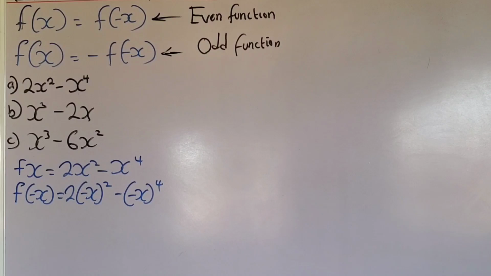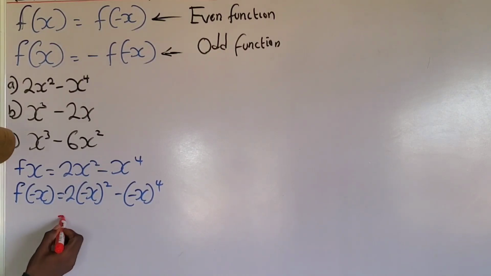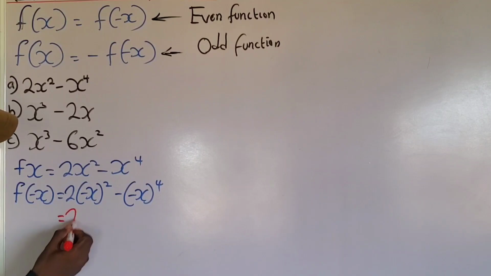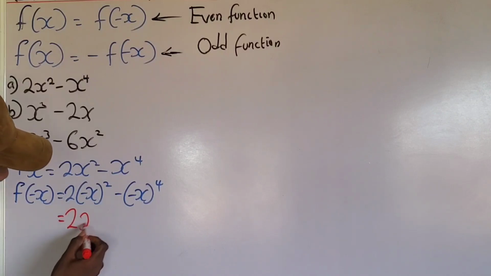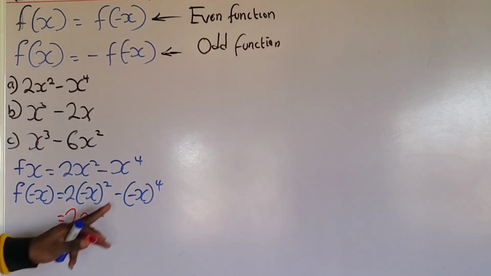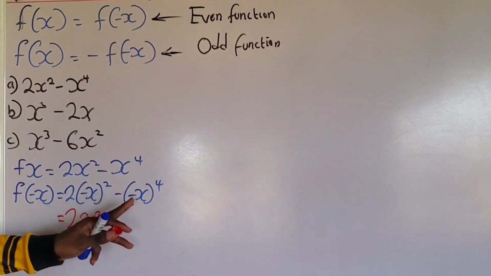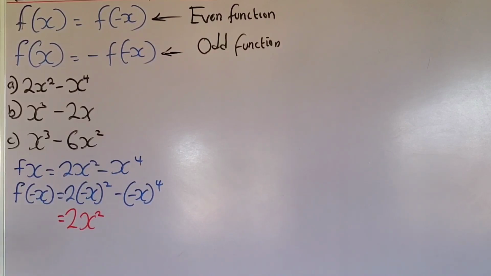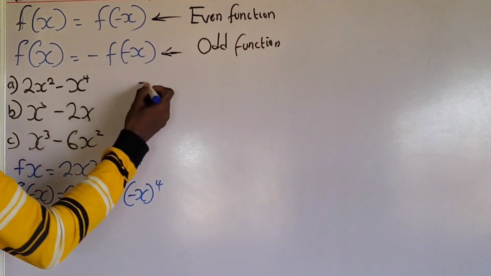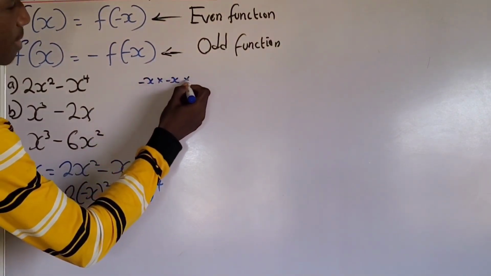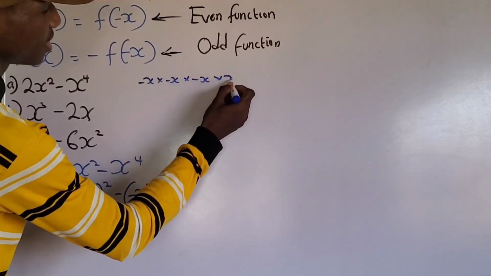Let us simplify. Here I'm going to have negative x to the power of 2. Negative x to the power of 2 is negative x times negative x, so I'm going to have x squared. So I'm going to have 2x squared. Now we have minus negative x to the power of 4. Negative x to the power of 4 is negative x times negative x times negative x times negative x. You understand?